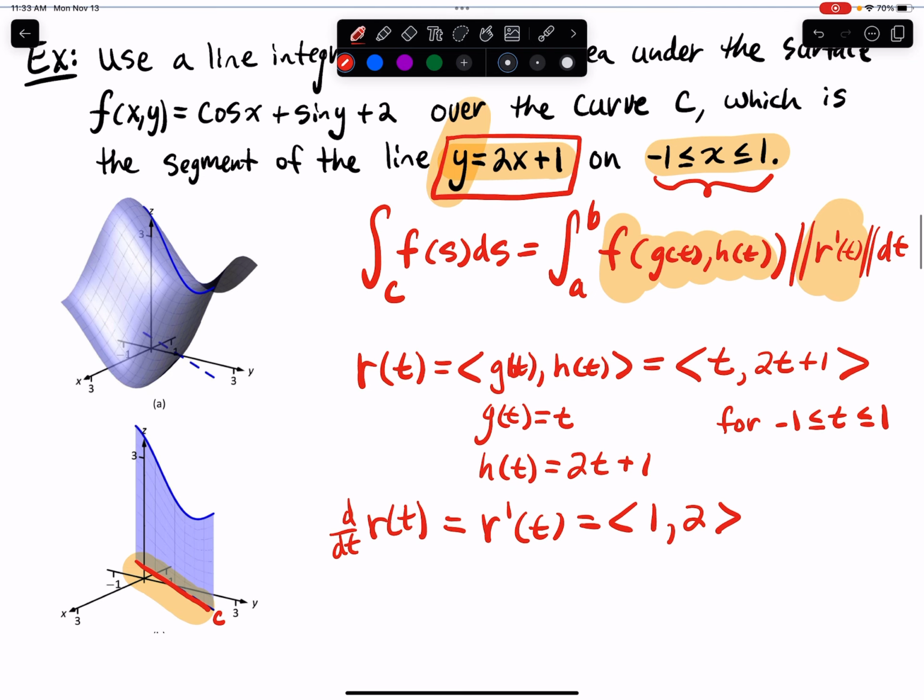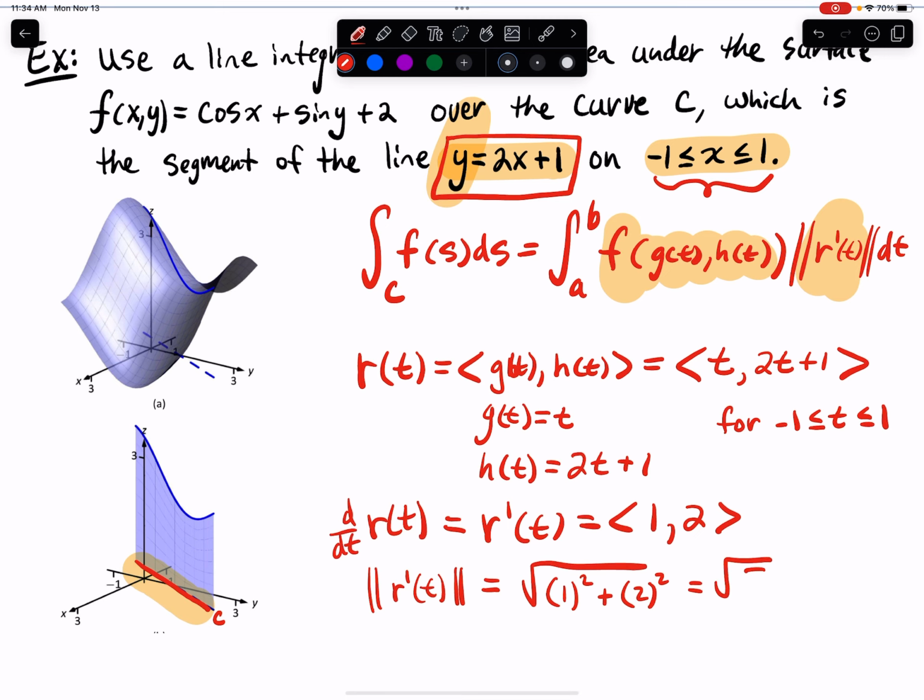Okay, so if I want the magnitude of r prime, then this is equal to the square root of the first component, which is 1 squared, plus the second component, which is 2 squared, which equals the square root of 5.